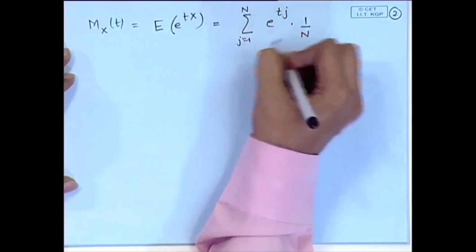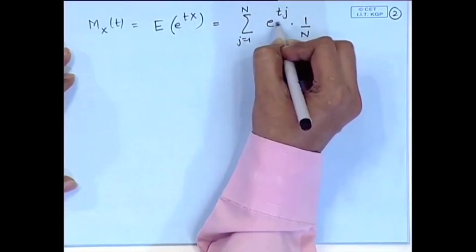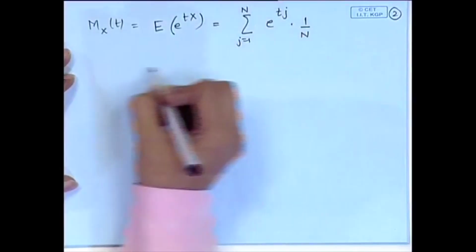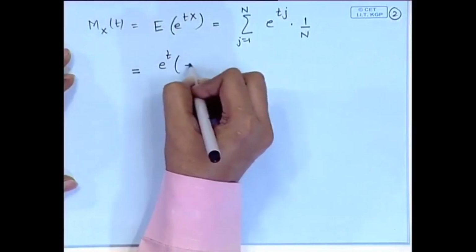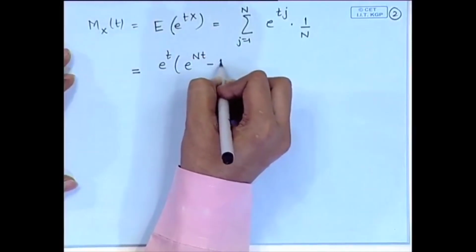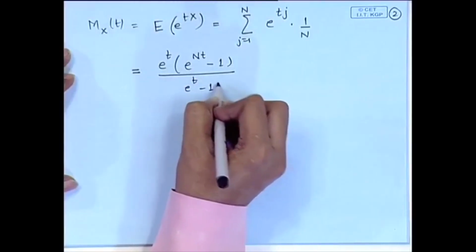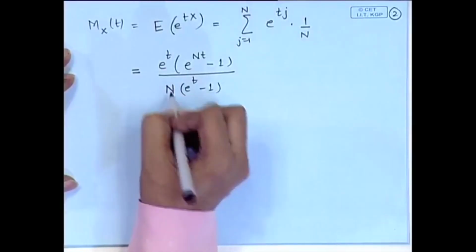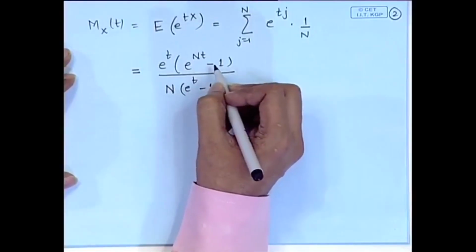Now, this is e to the power t plus e to the power 2t plus up to e to the power n t, which is a finite geometric series. This sum you can evaluate and it turns out to be e to the power t into e to the power n t minus 1 divided by e to the power t minus 1, and we have this n in the denominator. Now, this expression is valid for all t.